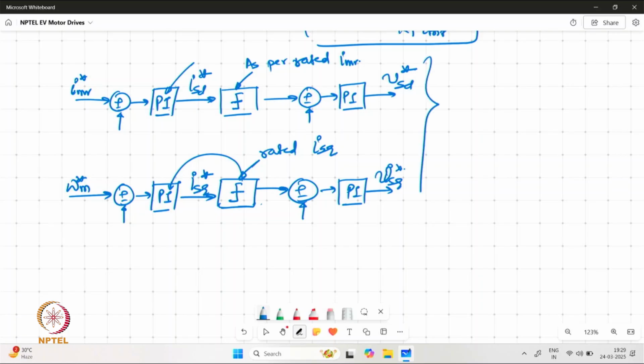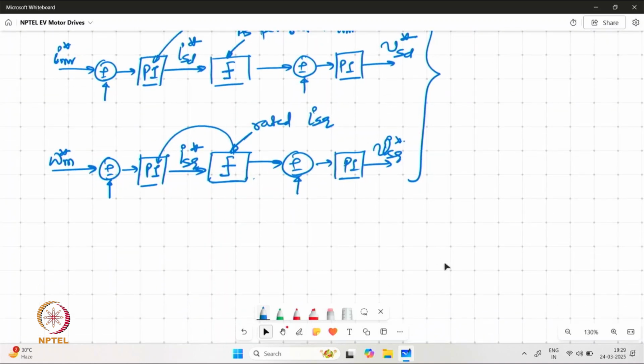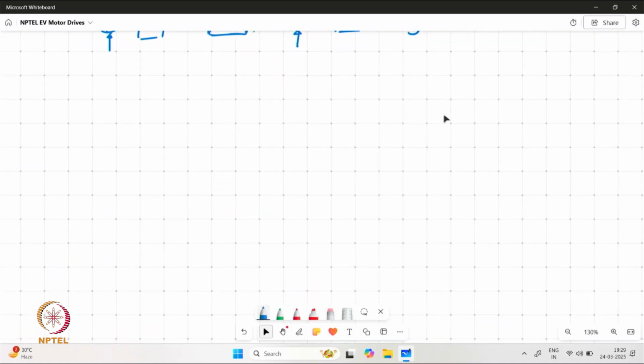So these voltage reference values can also be obtained on the basis of the model of the machine. So we have already given the equations.